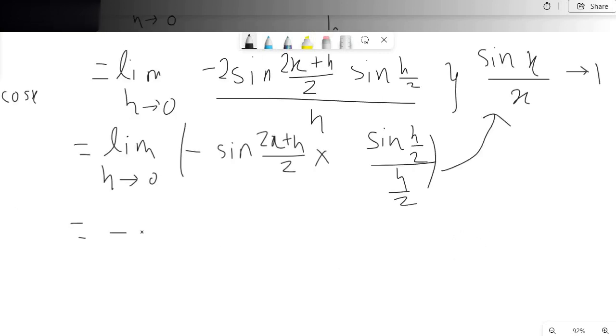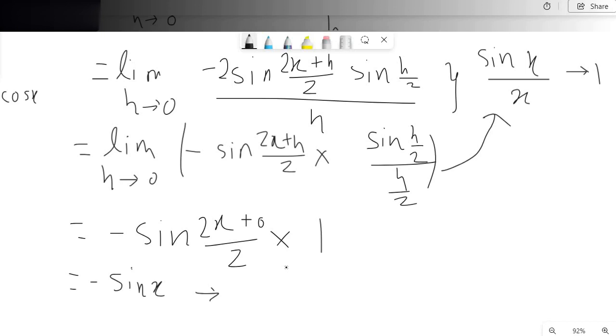So applying the limit, we have minus sin((2x + 0)/2) multiplied with 1. As I mentioned previously, the limit of sin x divided by x, given that x tends to 0, makes the expression tend to 1 as well. And finally simplifying, we get minus sin x. And just like that, we have proven that the derivative of cos x will be minus sin x.